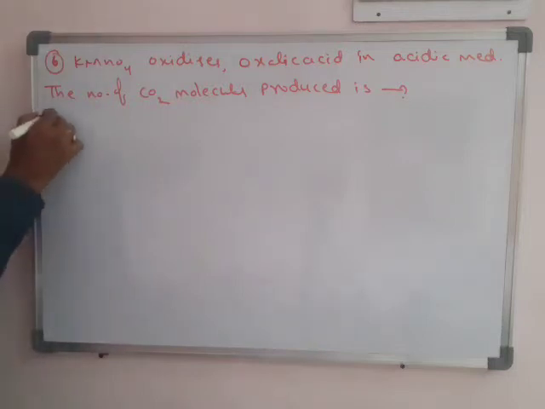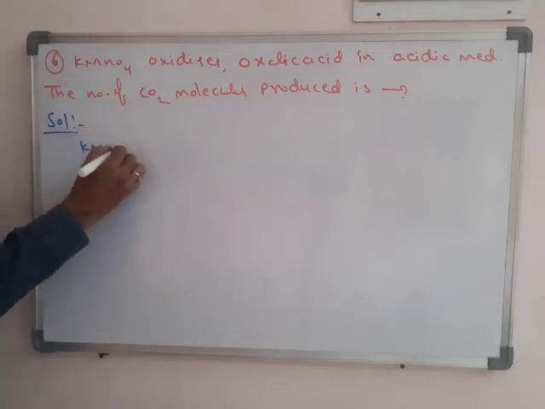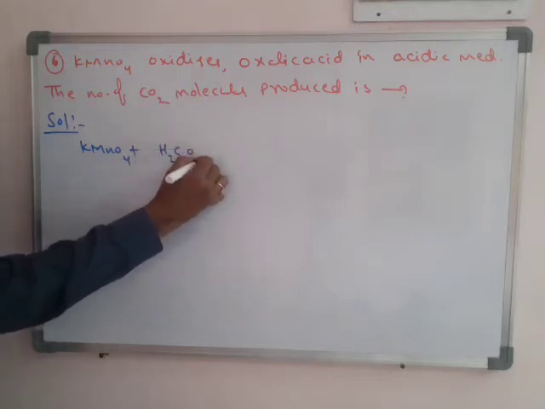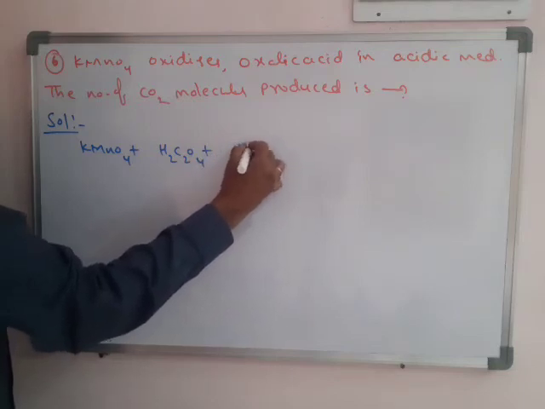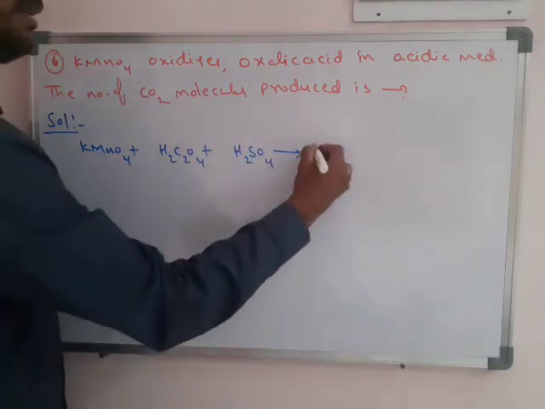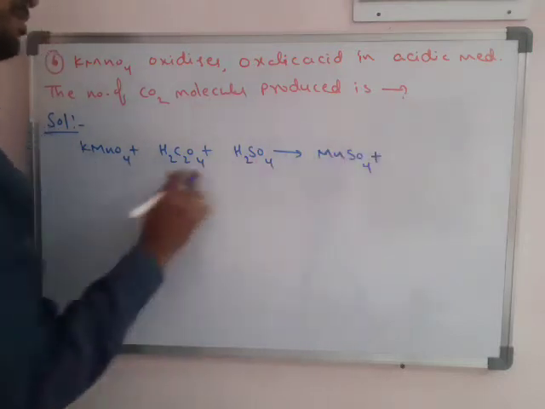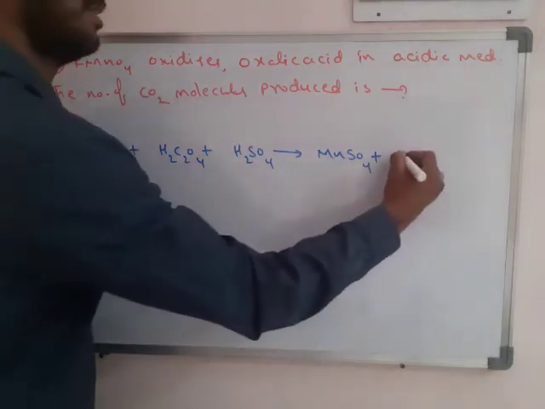It is compulsory. So already I said you have to remember the reactions. The potassium permanganate oxidizes oxalic acid, H2C2O4, in acidic medium. Generally it requires sulfuric acid, and we know the products are manganese sulfate, and since potassium is there, it automatically forms potassium sulfate.